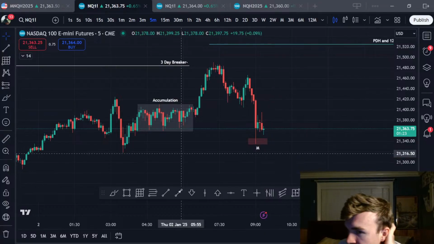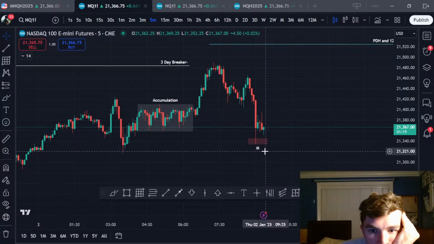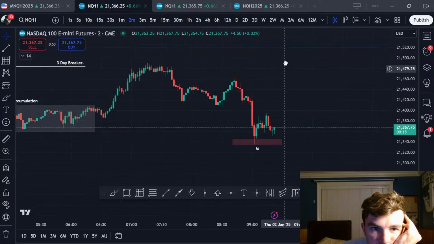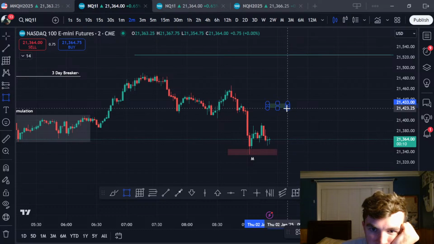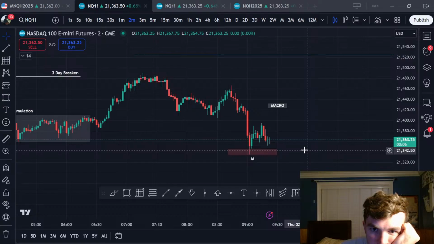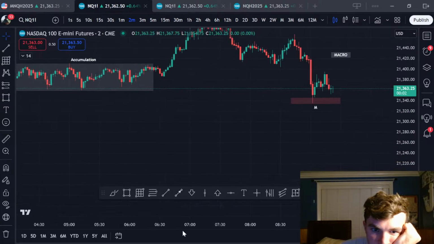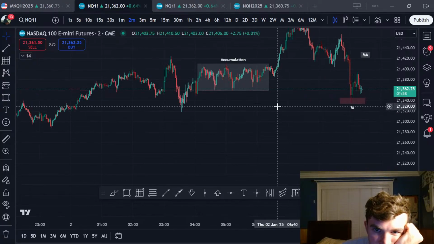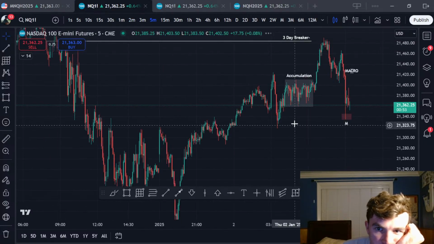So we're getting another macro here. Okay, next macro starts right now. Let me know if you guys see any possible trades. Maybe I'll take it on a singular account, but right now I don't know if I see anything.